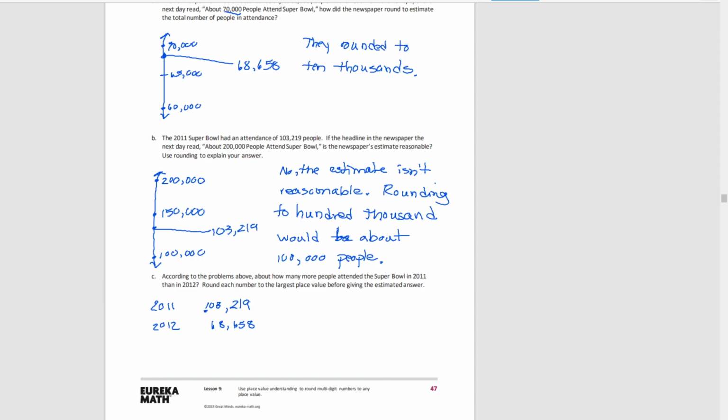And if I round that, that would round to 100,000, since it's closer to 100,000 than 200,000. Now for the 2012 number, my largest place value is 10,000. So I would either have it 60,000 or I round up to 70,000. 68,658 is closer to 70,000 than to 60,000. So I'd round to 70,000, and to get the difference would be 30,000.